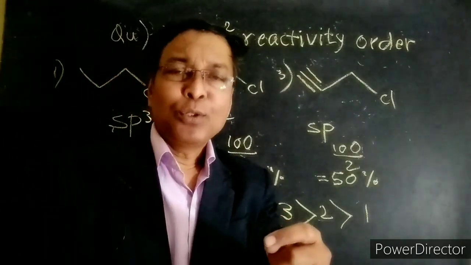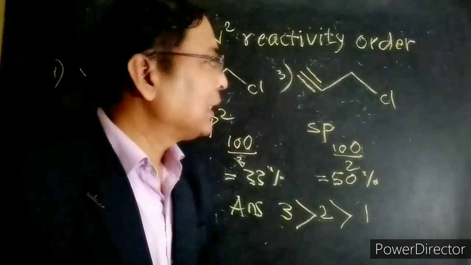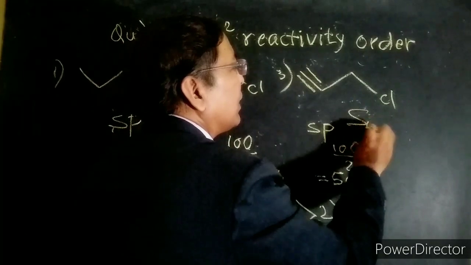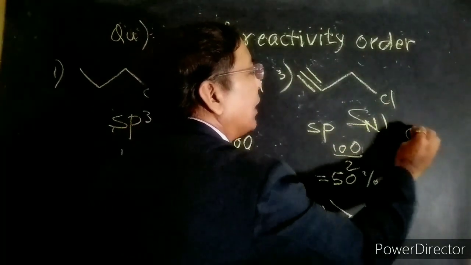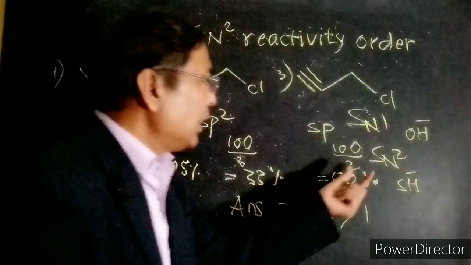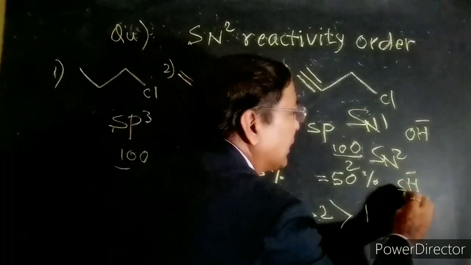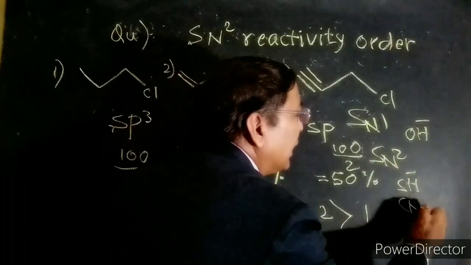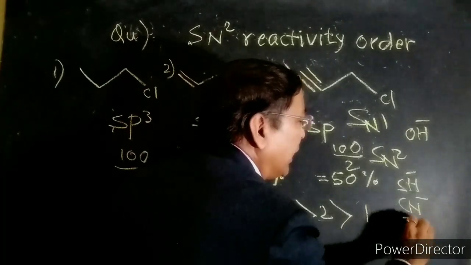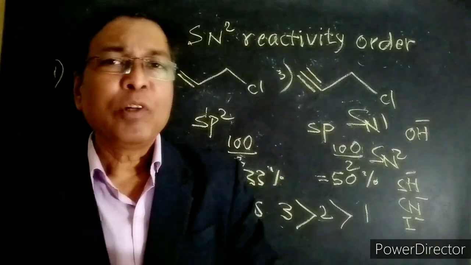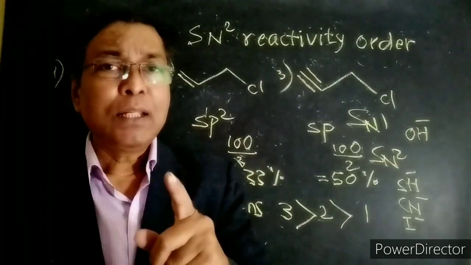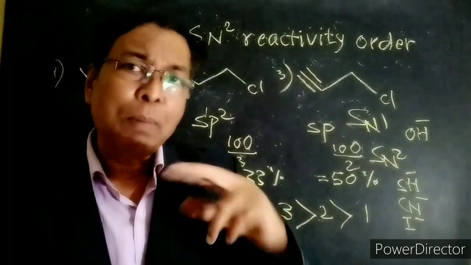Students, I would like to give you one more very important point, that SN1 reaction is favored by weak nucleophiles like OH-, and SN2 reaction is favored by strong nucleophiles such as SH-, CN-, and I-. One more point you have to remember is that SN2 reaction is a bimolecular reaction.